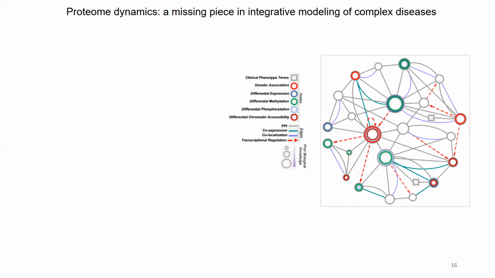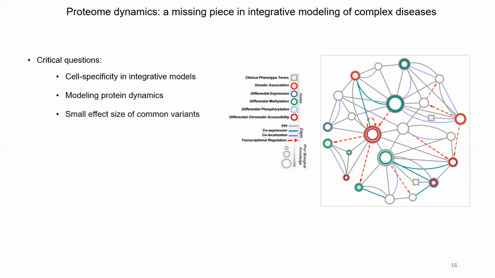Now, to consider the points that I have mentioned so far, and to create a computational tool that can jointly model data from nucleic and amino acids, we need to address a number of immediate points, including cell specificity for the disease of interest, cell and tissue-specific protein dynamics, and also the small effect size of common genetic variants, as well as the polygenic nature of the diseases, where genetic risk factors may act as modules of a network rather than an individual locus.